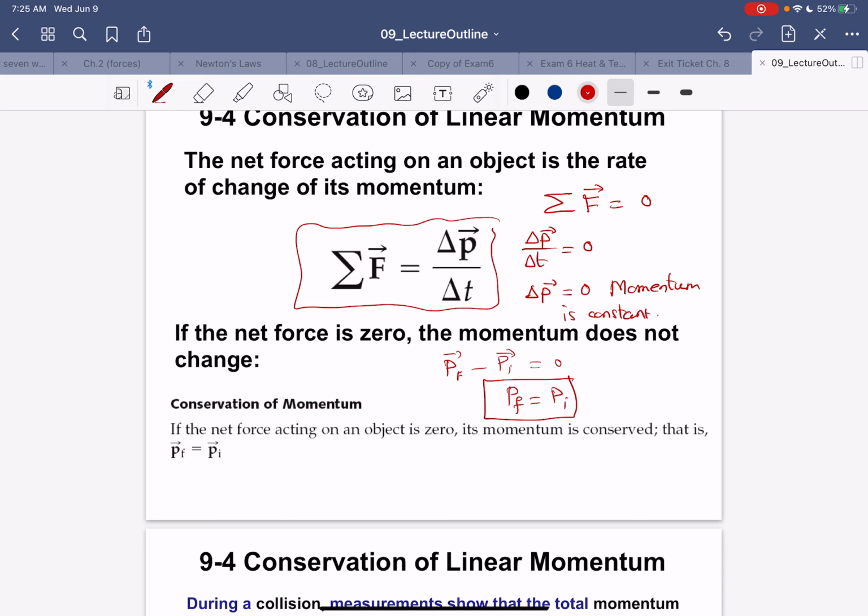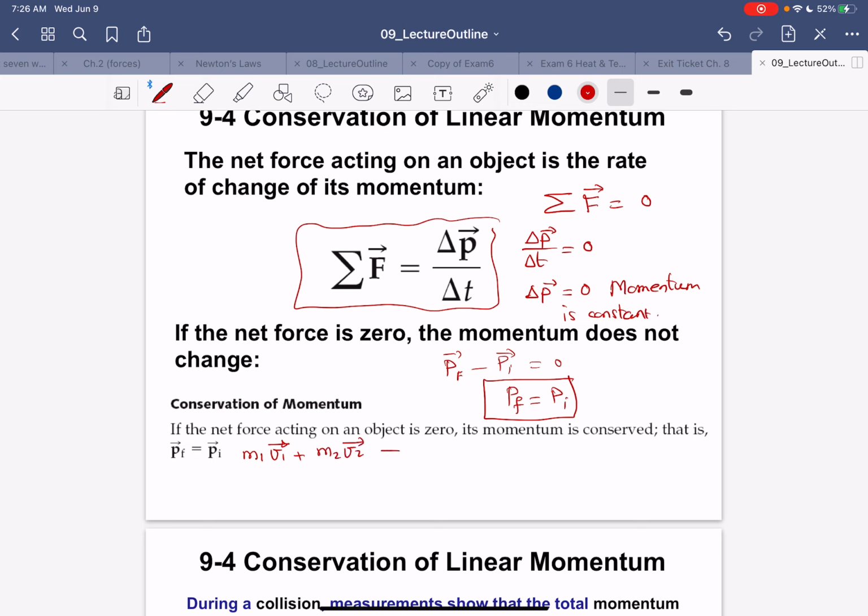In general, I will write M1 V1 for two objects. This is a vector. When I talk about a straight line situation, I will remove these vectors because all the vectors are going to be either to the right, which means positive, or to the left, which means negative.